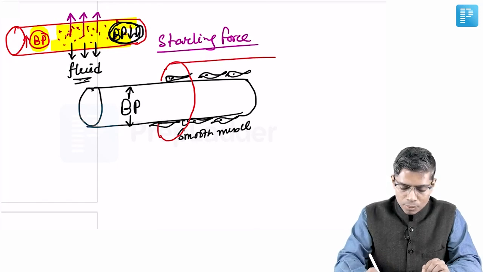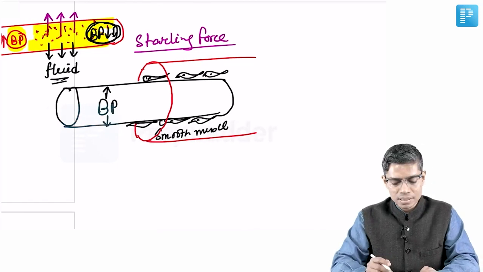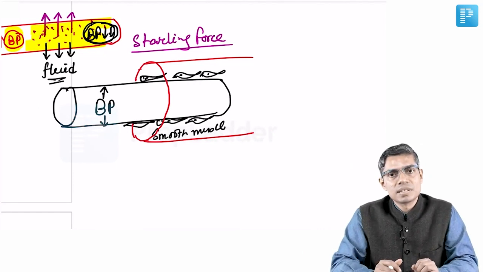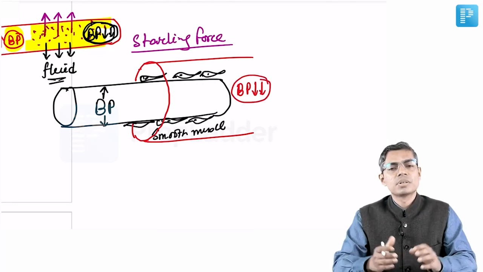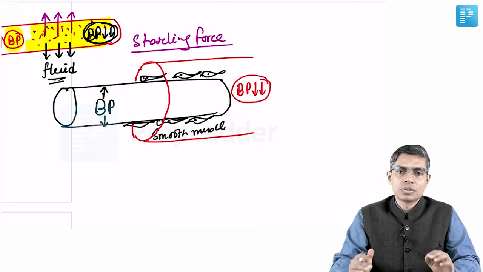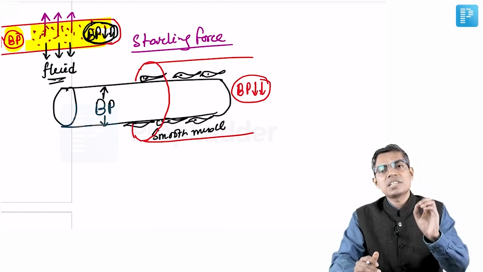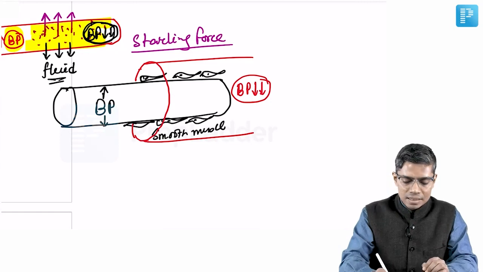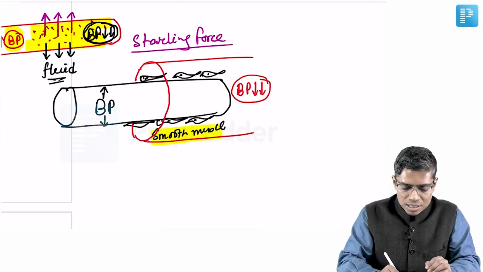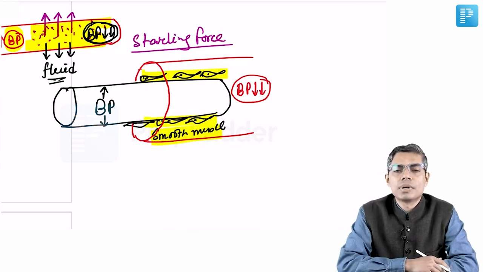So whenever this vessel wall is relaxed, the diameter of the vessel is a little bit increased. So what will happen to the blood pressure inside this vessel now? The blood pressure will be reduced because of this relaxation. So this is known as stress relaxation of the vessel. Under stress, the vessel is relaxing, and this is due to the relaxation of the smooth muscle present in the vessel wall.